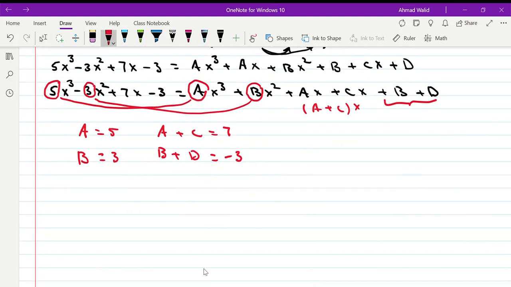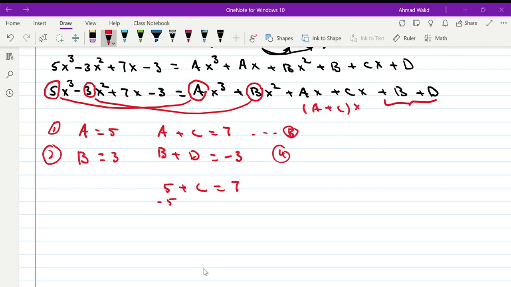Now solving this system is really easy because you know the value of a. If you plug in the first equation, or actually this is the third equation, not the first. This is 1, this is 2, this is the third, this is the fourth equation, correct? If you plug in a in this equation, you can easily get the value of c. And if you plug in b in equation number 4, easily you can find the value of d. Let's do that. Then 5 plus c equals 7.